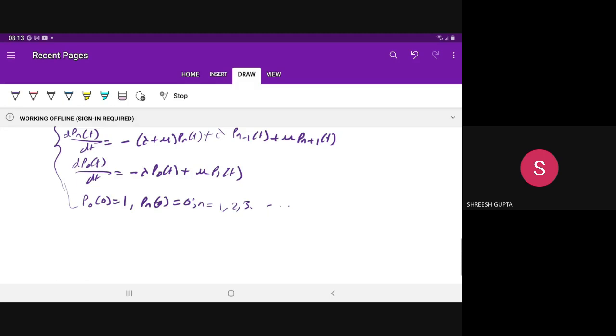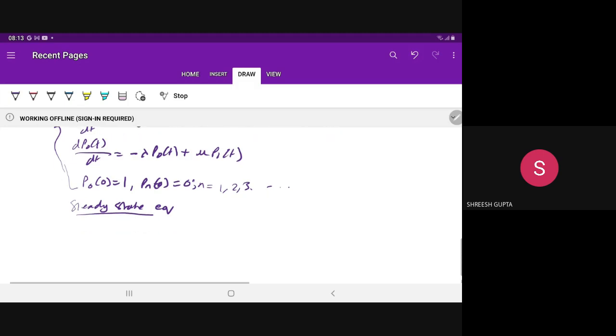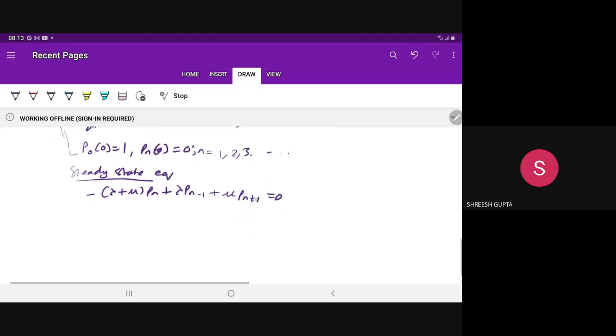From here, if you want to write the steady state equation, steady state means t tends to infinity or d by dt is equal to 0. So this will become minus (lambda plus mu) pn plus lambda pn minus 1 plus mu pn plus 1 is equal to 0, and minus lambda p0 plus mu p1 is equal to 0.